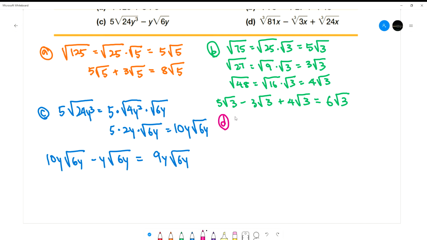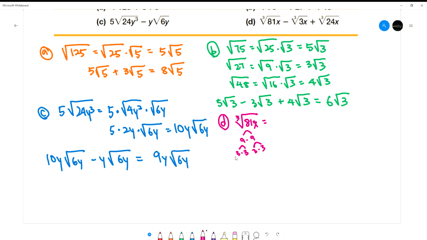Okay, the last one is the cubed root. So remember, I asked you to memorize up to 5 cubed, right? So go over those. The first term, I see cubed root of 81x. If you get stuck, you could break it down into factors, but it's a 27 basically times 3. But let's say you got stuck. You can do 9 times 9 is 81, and 3 times 3 equals 9, 3 times 3 equals the other 9.